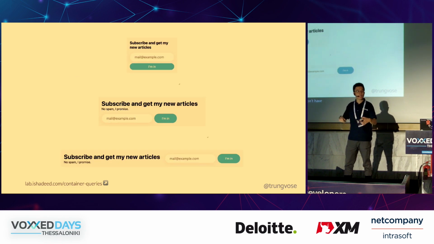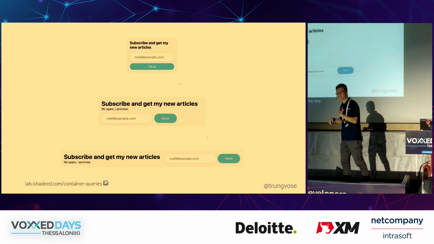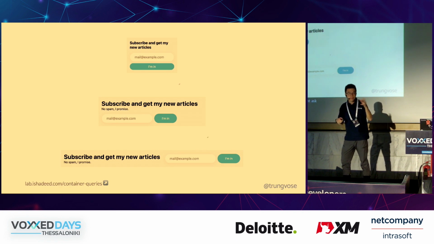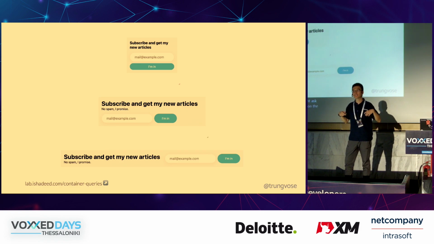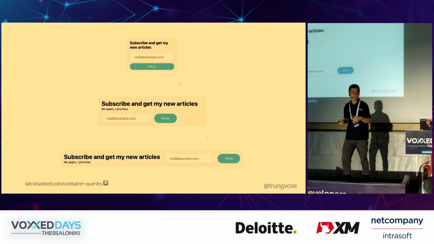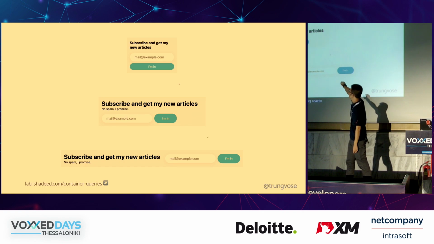One of the very common examples that I usually use for container is you might have this newsletter signup thing on the page, and maybe it's going to display in a modal, or it's going to display below the blog post that you wrote. Now with container query, you just have one single component you call newsletter. It doesn't matter if you write it using React or Angular, it can just fit itself.